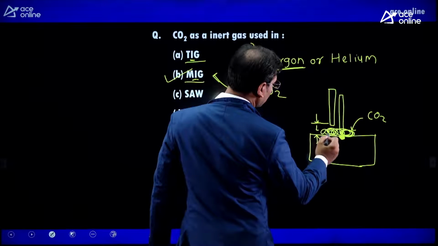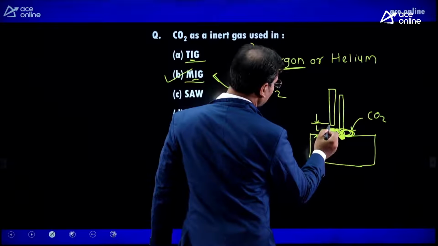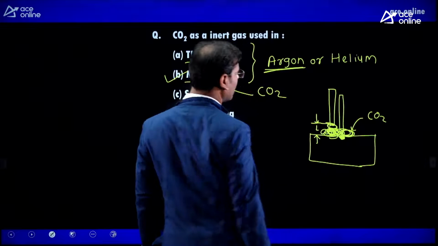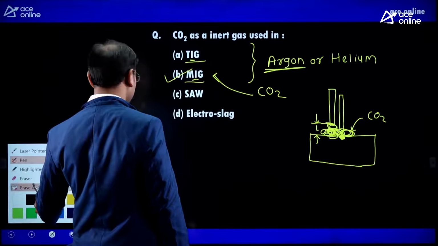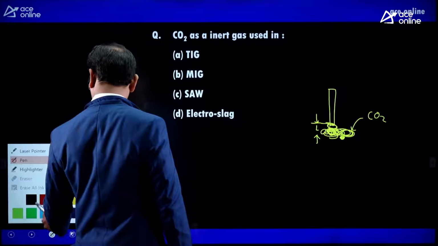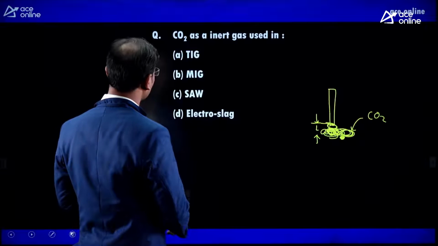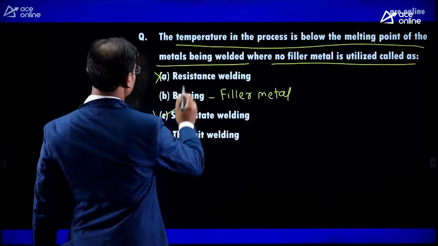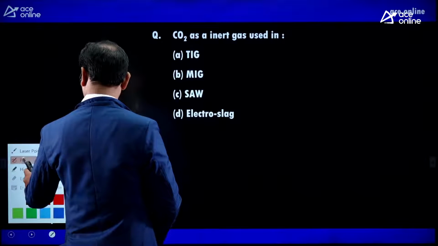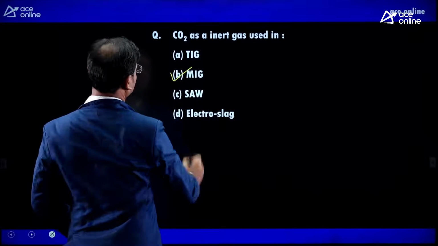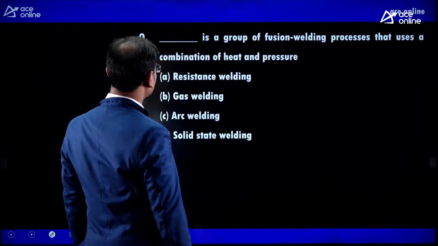And if the carbon dioxide settles only up to here, then how can it cover that electrode? It is not going to cover. So the correct answer, guys, is MIG. Yes, MIG is the correct answer.